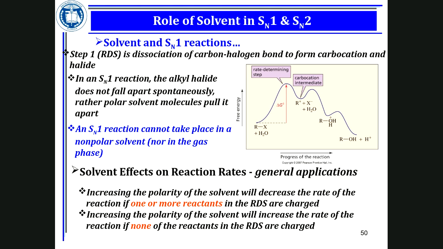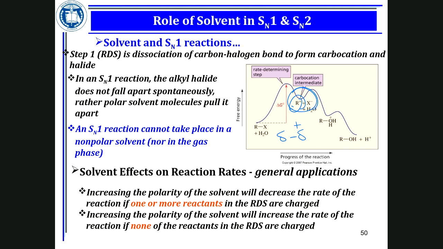And why is polar good for Sn1? Because for Sn1 you get a carbocation, and if you have a polar solvent or protic solvent, it can stabilize the plus charge. So if you have a polar solvent, your solvent is going to have a plus and minus.